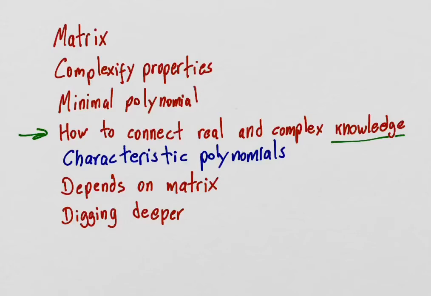And some student pointed out, and it was very interesting, that some of us almost forgot that we had so far only defined characteristic polynomials for operators on complex vector spaces.